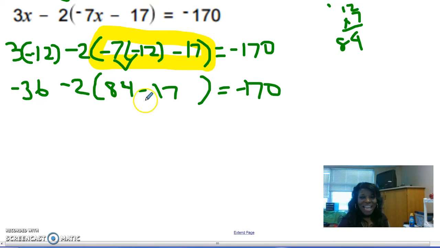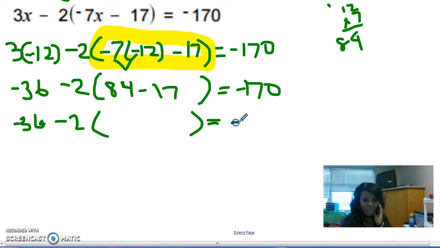All right. And now bring down the rest of the problem. We want to continue bringing down the remainder of the problem until we've evaluated everything, okay? All right, so 84 minus 17. So let's do that on the side. So, oops, I put 16.